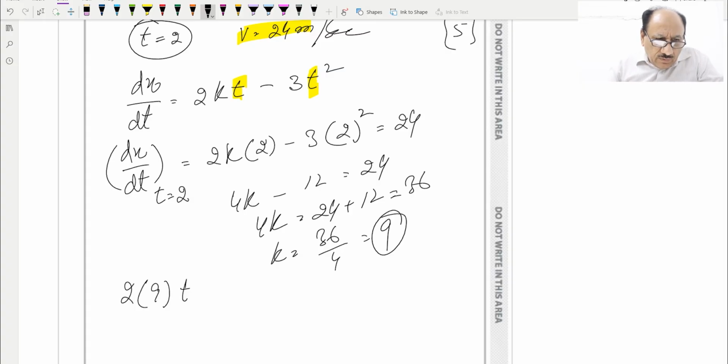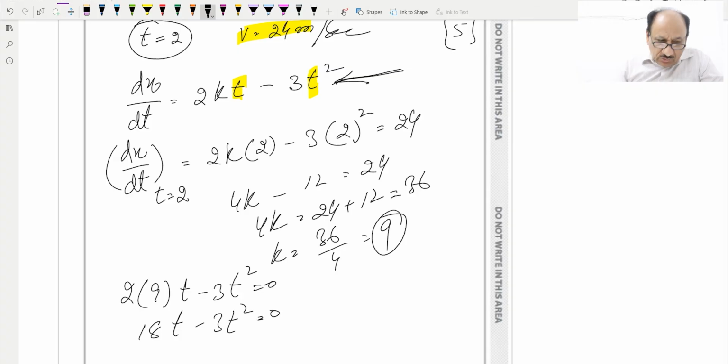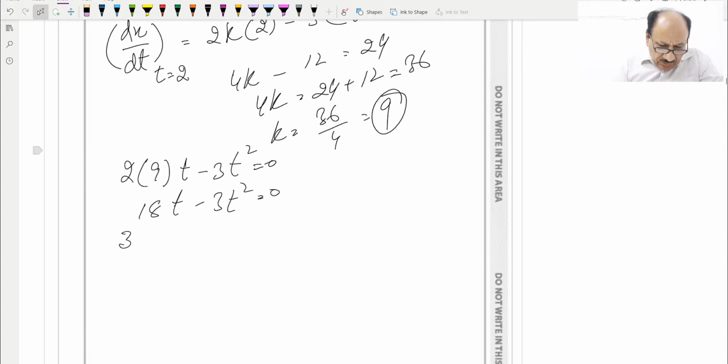So this will be 2 into 9, 18t minus 3t square is equal to 0, and we can take 3t common. Inside will be 6, only 6, not t. T is gone out, so 6 minus t.